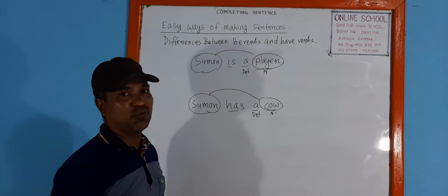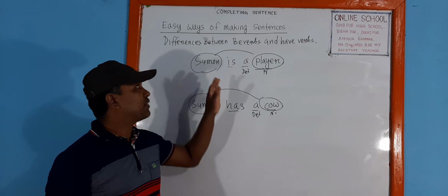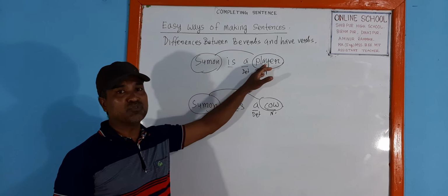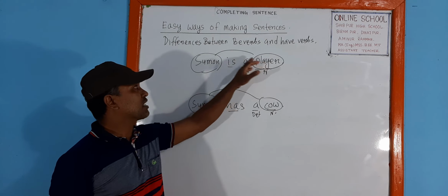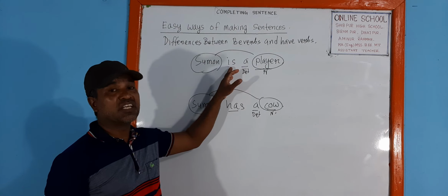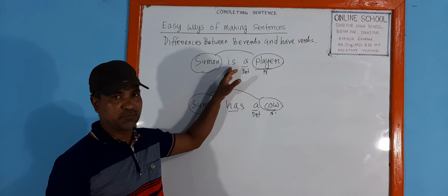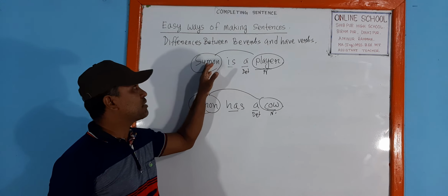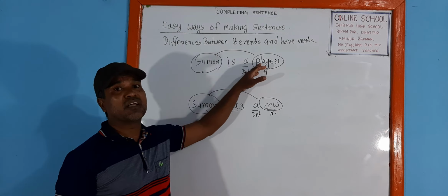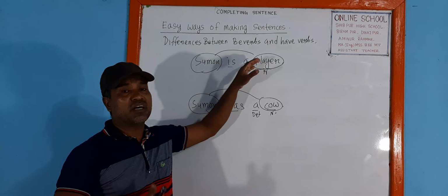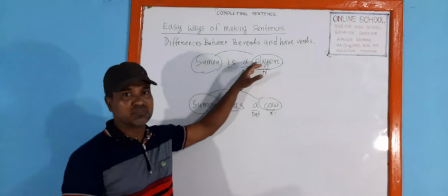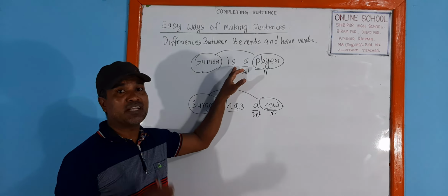Shumon can't be a cow. Okay, if the subject has the power to be the noun, then we can set up is or be verb in that sentence. Okay, is, was, this type of be verb. If the subject has the power to be the noun, to be the quality of the noun, then we have to use is in that sentence.